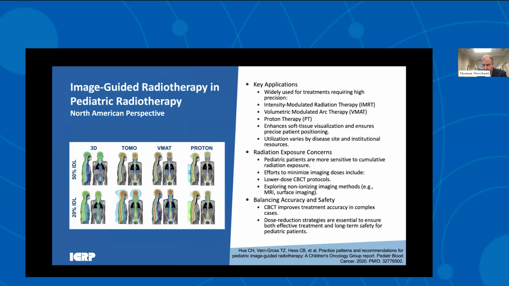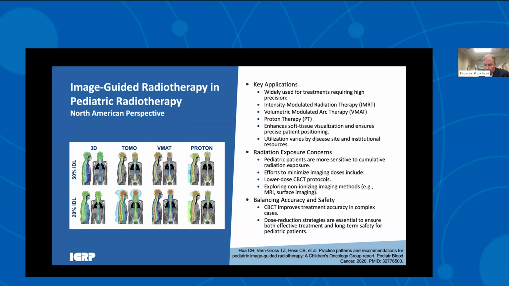Investigators in North America, representing the Children's Oncology Group, found that cone beam CT is widely used for pediatric patients undergoing radiotherapy, especially for those methods that require high precision, such as intensity modulated radiation therapy, volumetric arc therapy, and proton therapy. CBCT plays a crucial role in complex treatments, providing enhanced soft tissue visualization and ensuring patient localization.